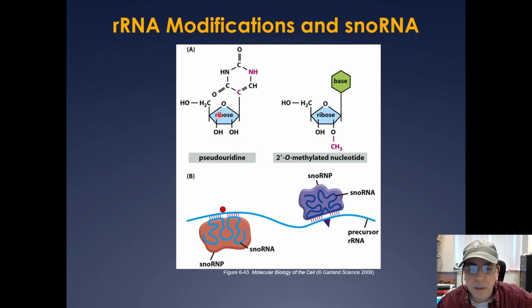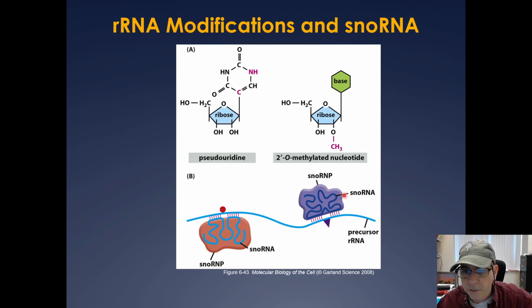Uridine gets converted to pseudouridine, and you can also get 2'-O-methylated nucleotides on the ribose. These RNA modifications are done by snoRNAs and snoRNPs, the ribonucleoproteins.